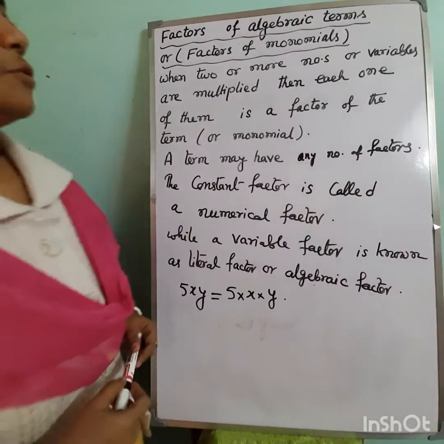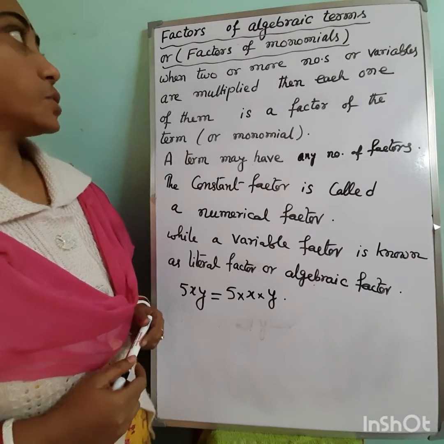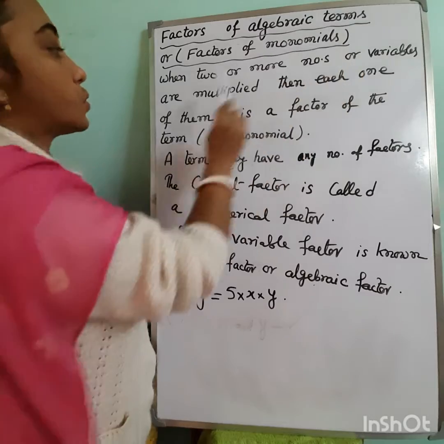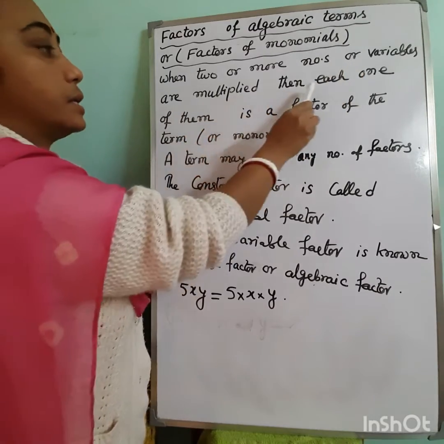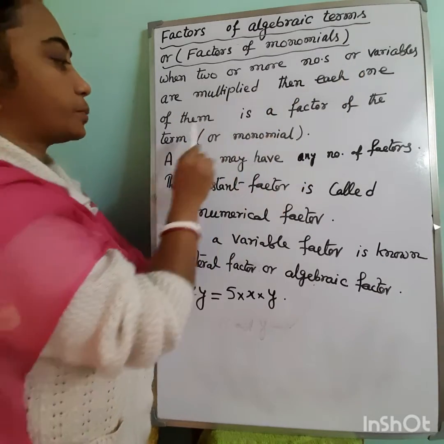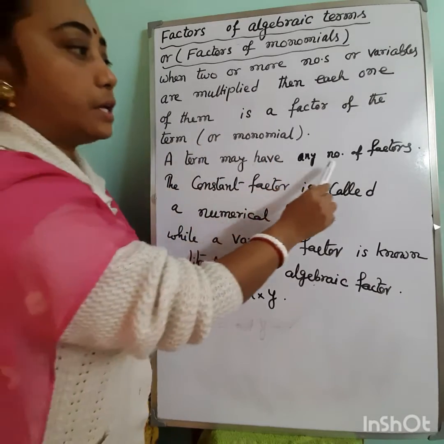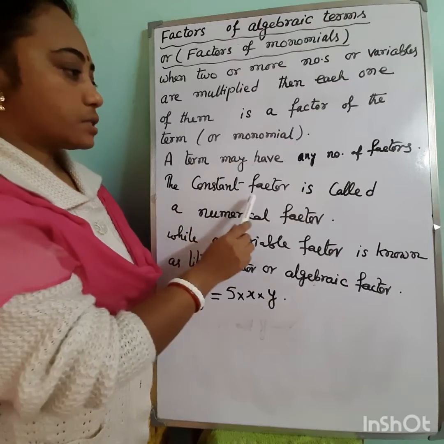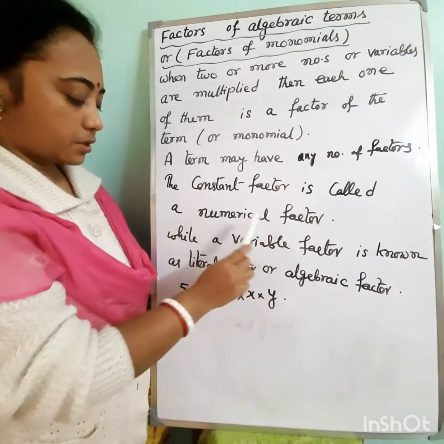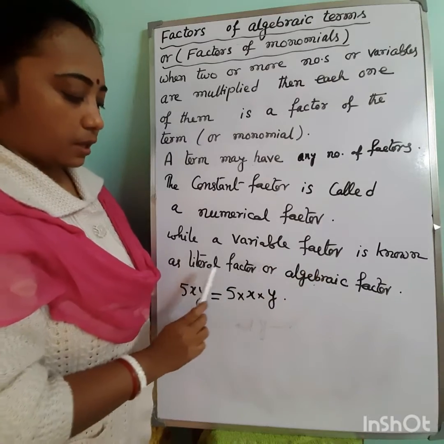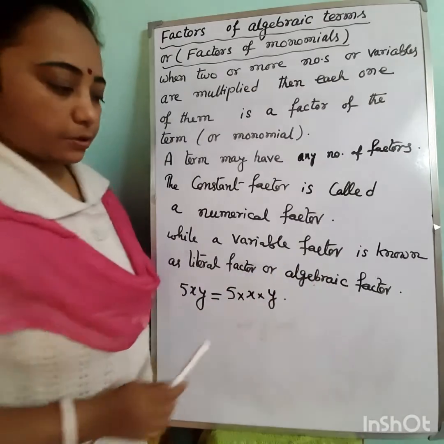Factors of algebraic terms or factors of monomials. When two or more numbers or variables are multiplied, then each one of them is a factor of the term or monomial. A term may have any number of factors. The constant factor is called a numerical factor, while a variable factor is known as a literal factor or algebraic factor.